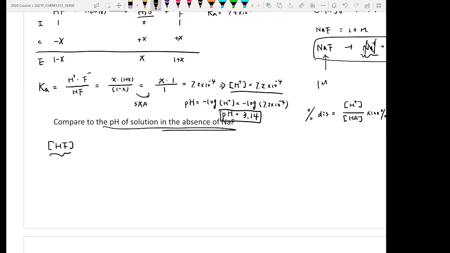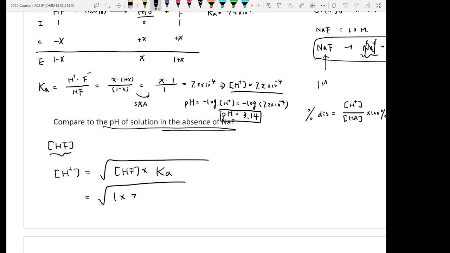Then we know the proton concentration of your weak acid solution can be calculated through the HF concentration times your Ka, which equals 1 times 7.2 times 10 to the negative 4, and that gives a number of 2.7 times 10 to the negative 2.